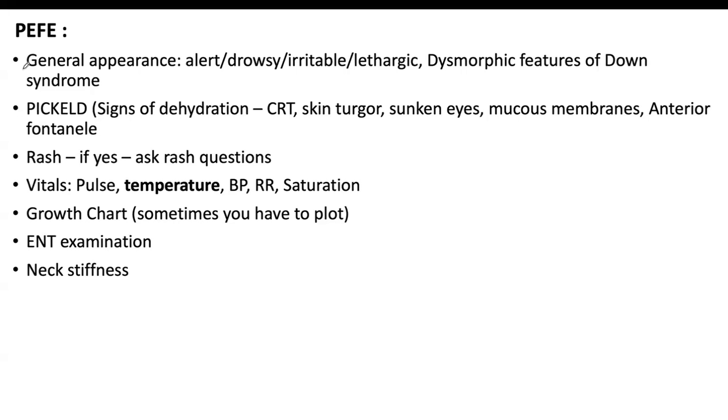The history is the same in both online and face-to-face. But when it comes to the physical examination, in the online exam most of you will get a physical examination card. Remember how we did the role play yesterday and most of you got a card? That will be a similar card to the one given in the exam.